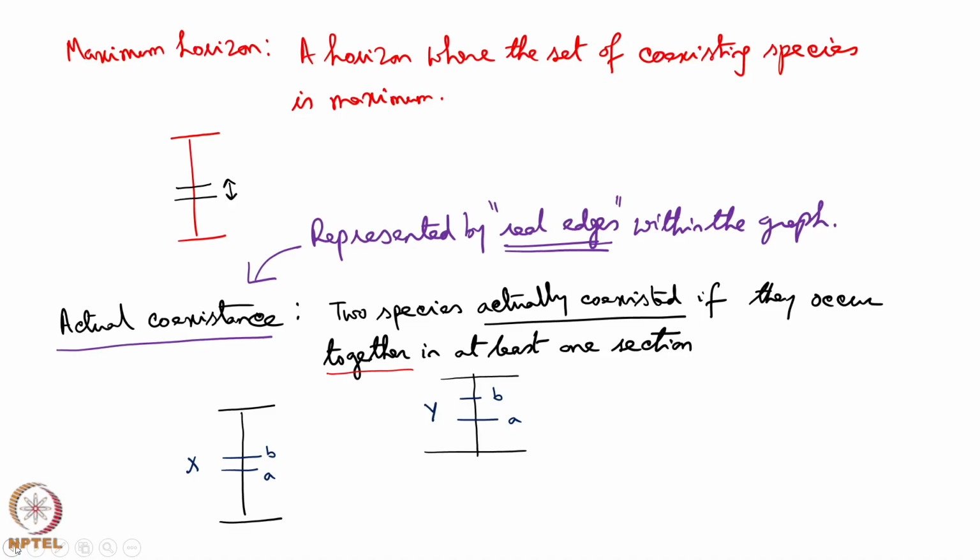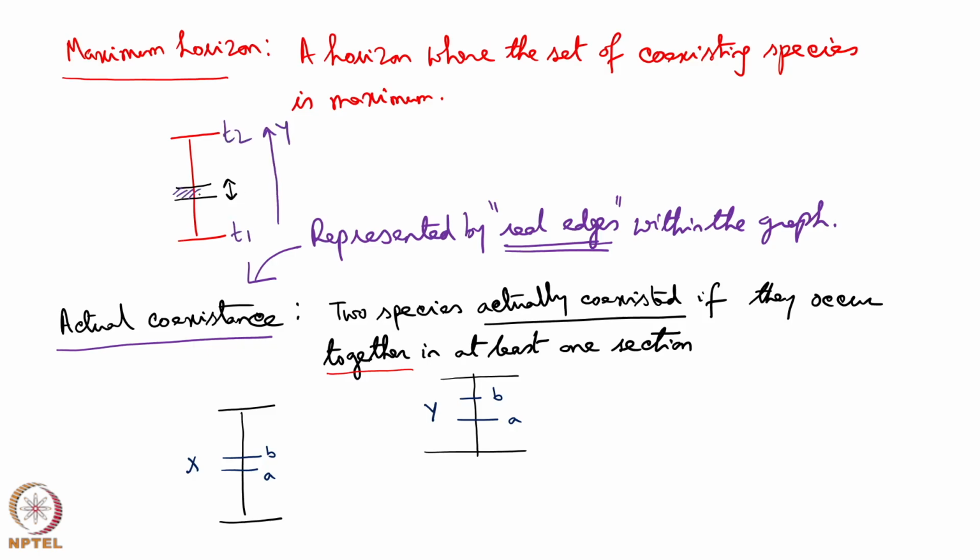Let us look at a few terms related to biostratigraphy and slowly we will link them with graph theory. Maximum horizon, what does it mean? It is a horizon where the set of coexisting species is maximum. So in the geological time scale, a part of it is being shown from T1 to T2 time, the younging direction.